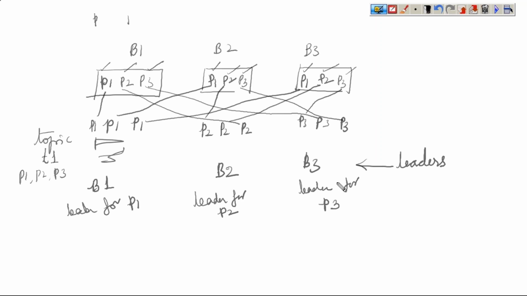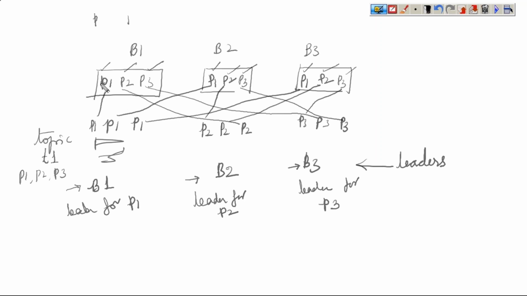P1, P2 and P3. Now, how are we saying that B1 is the leader for the first partition, B2 for the second partition, and B3 for the third partition? For that, concentrate clearly here.